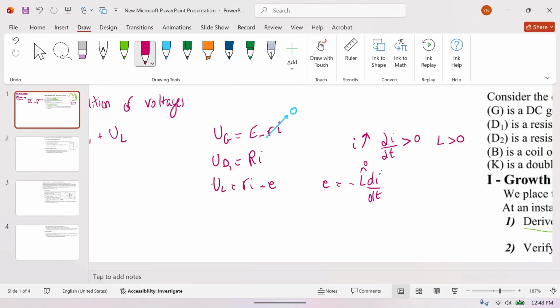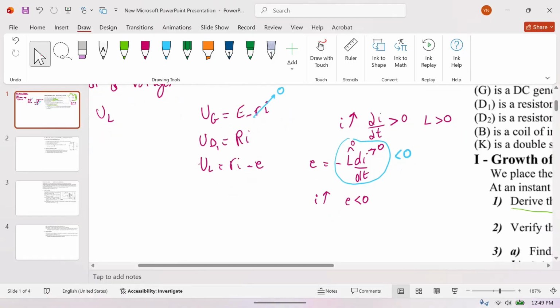So if L is positive and di over dt is positive because the current is increasing, the whole thing with the negative sign before it should be negative. Positive and positive is positive, and we have a minus in the formula, so it becomes negative. So what does that mean? When the current is increasing, E will be negative. It will be working in the opposite direction.